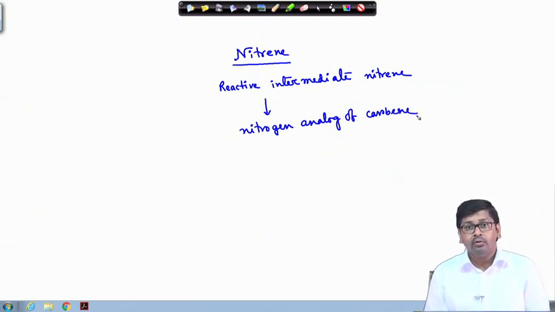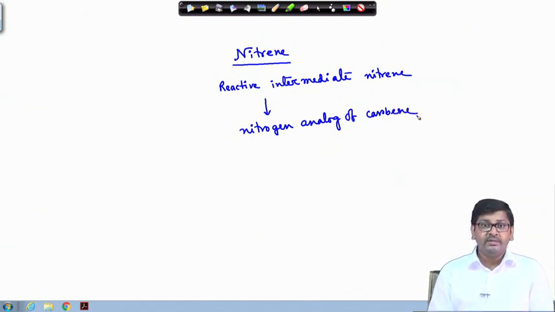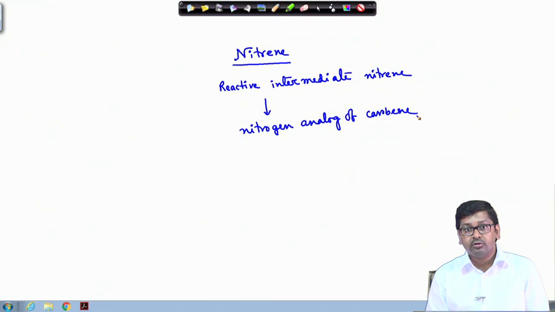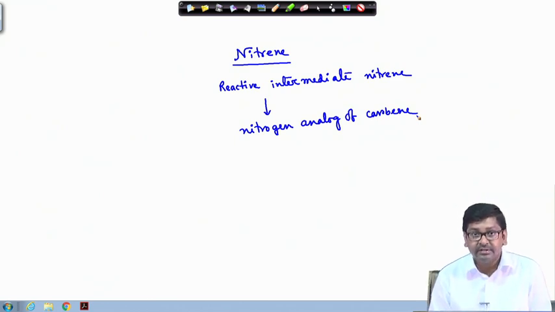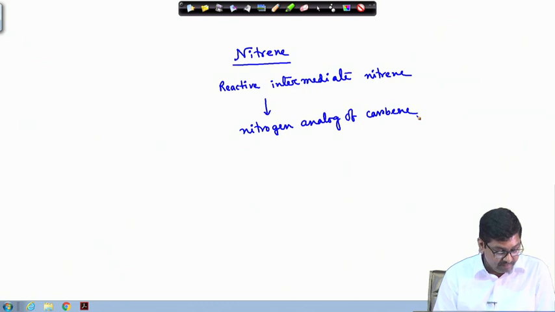We know that carbenes are short lived species and they are very much reactive. Similarly, these nitrenes are also very much short lived in general, and they are also very much reactive species.